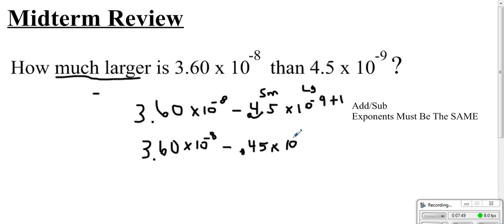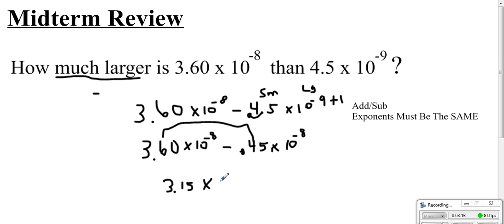Now the exponents are the same, and now you can go ahead and subtract the 0.45 from the 3.60. So 3.60 minus 0.45 equals 3.15.